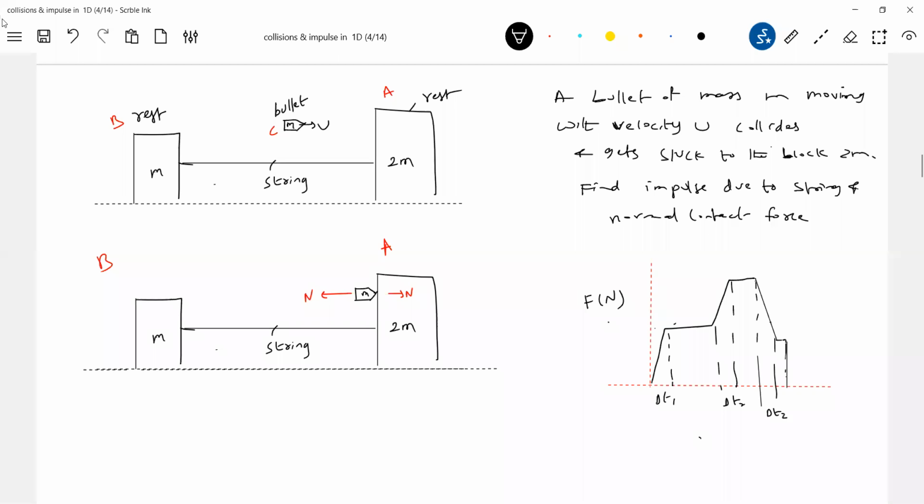I'm taking three intervals, and finally delta t3. I'll shade it. You can see this. These are the intervals of time for which we should make observation.